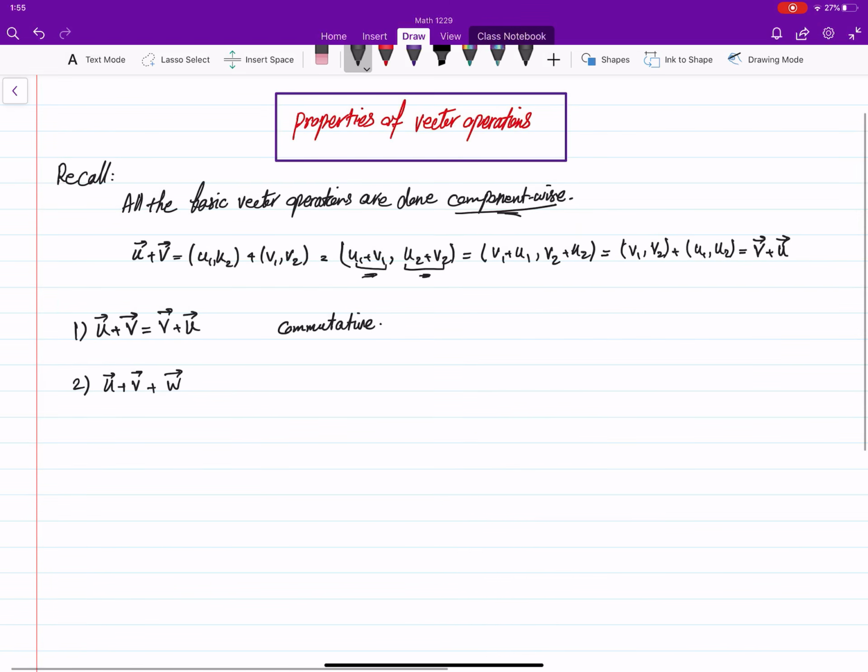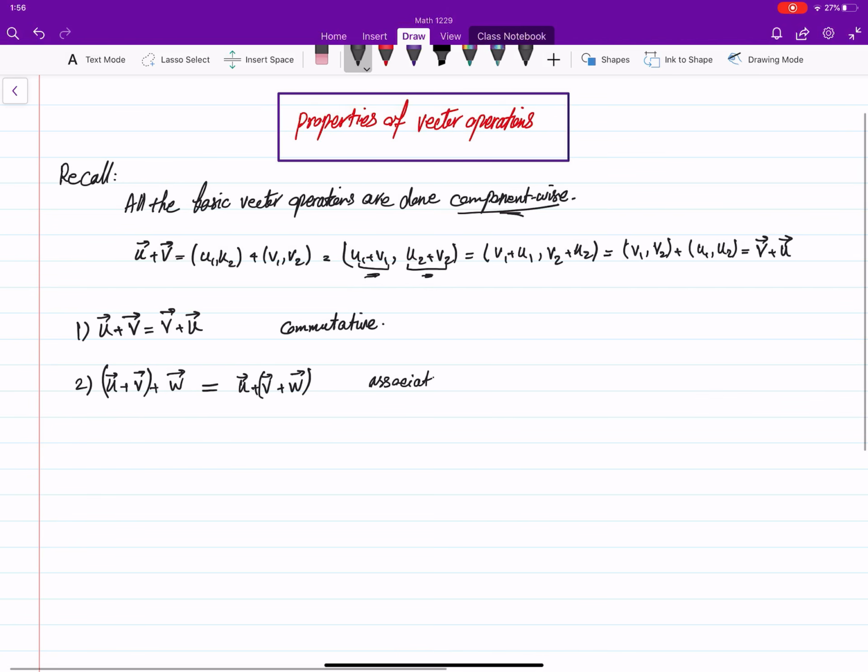So in other words, you can either add the first two, and then you get a vector added to the third one, or you can add the second and third one, get a vector, and then the result you add it to the first one. This property says that in the addition case, it doesn't matter which one you do, you will get the same result. This is called associativity. So vector addition is associative.